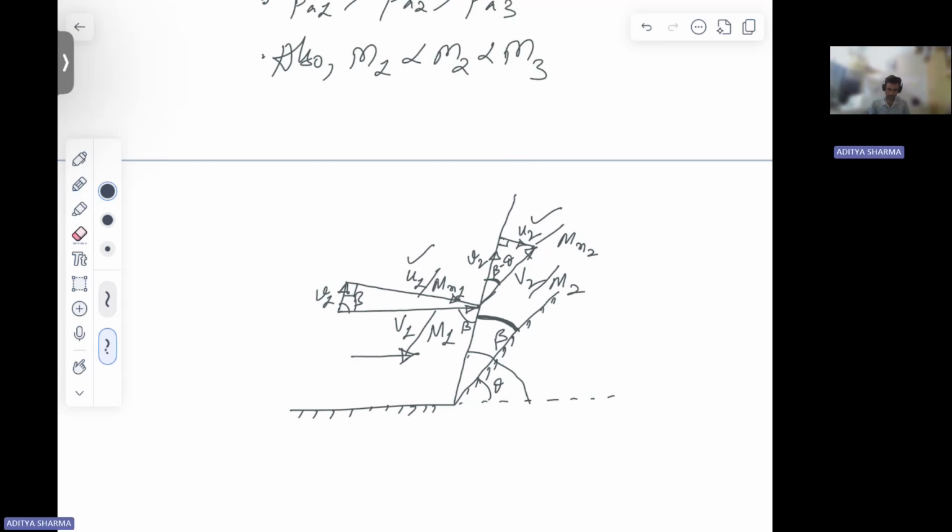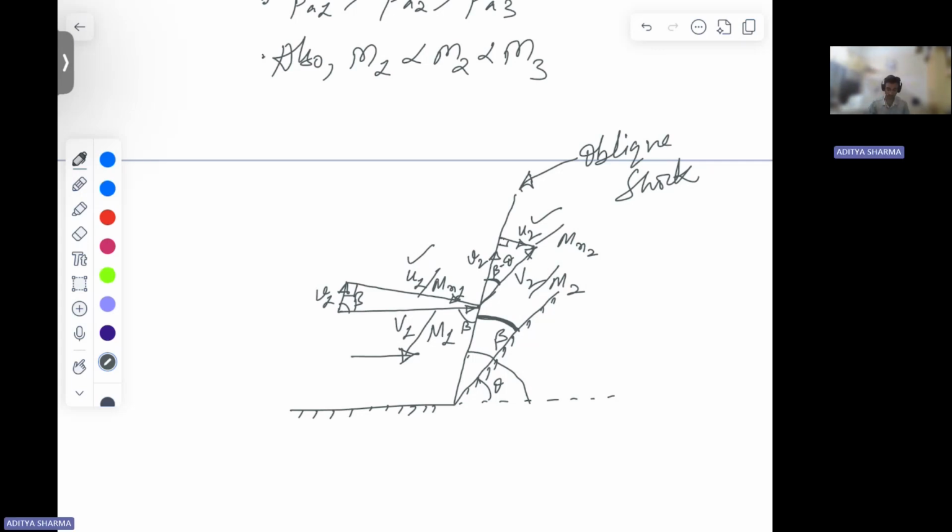So now for this oblique shock, you have this M1 Mach of the upstream flow.